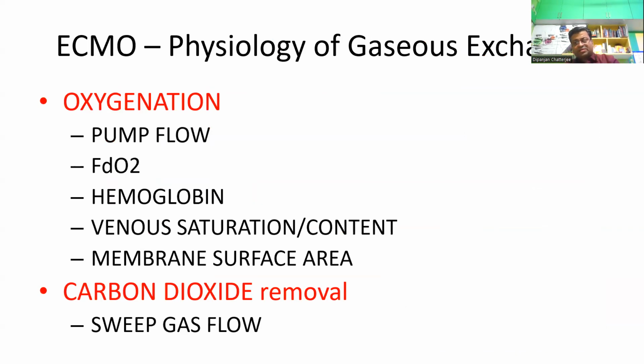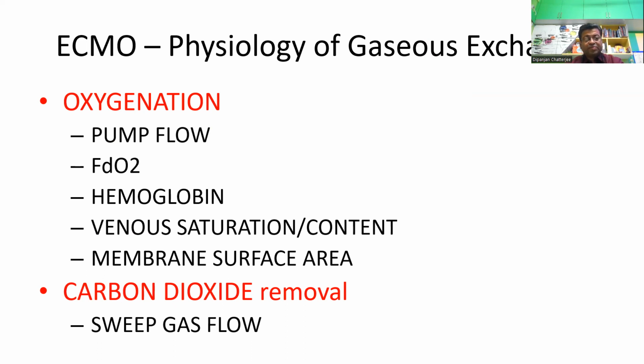What are the factors on which the amount of oxygen we are delivering through this ECMO machine or membrane depends? First and foremost, the pump flow. If you have a higher pump flow, more blood will flow through the ECMO circuit, and more oxygen you can deliver through this ECMO machine.